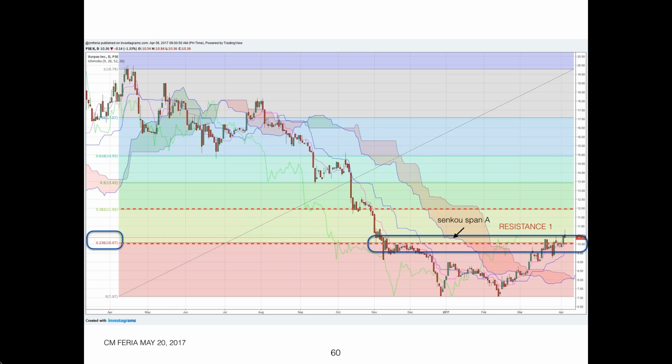So previously, if you look back on the previous chart, you would find that the same resistance level is found at the 23.6% level. Now, the resistance 2 in this chart is located at the 38.2% level at 12 pesos. This is also where the Senkou span B is located. So this was the resistance in the previous chart.